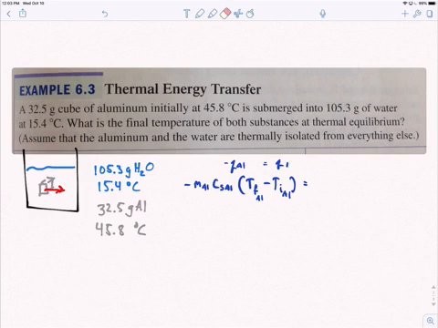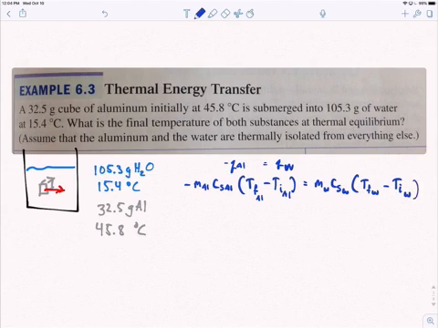H2O takes too long, so I'm going to call water W. The heat transfer of water is the mass of the water times the specific heat capacity of the water times T final water minus T initial water.